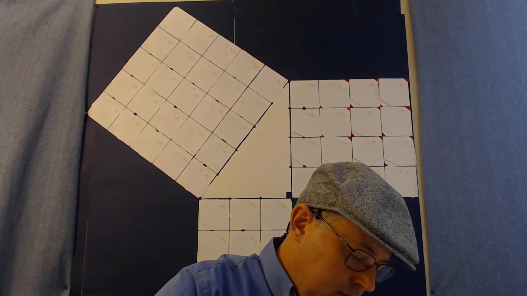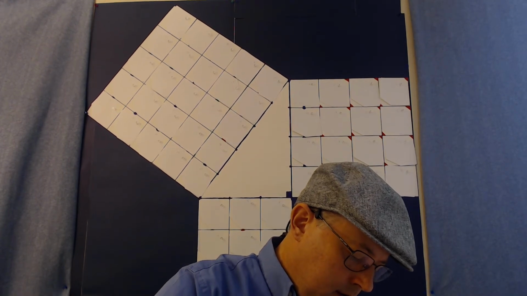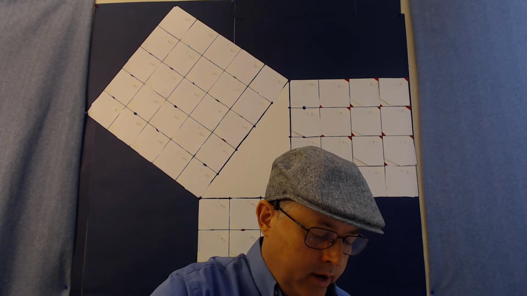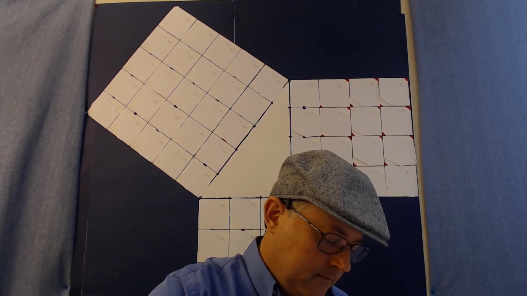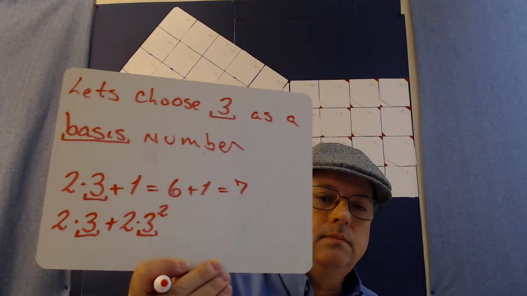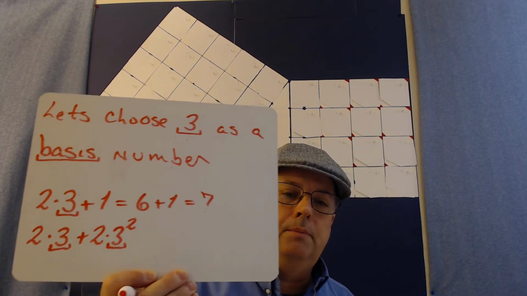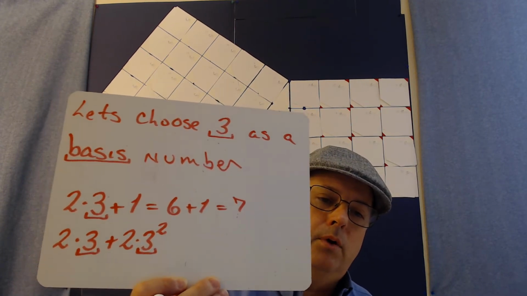All right. Now let's take 3 and double it, and this time add twice the square of 3. So 3 is our basis, and these are the manipulations that we're making on the number 3.